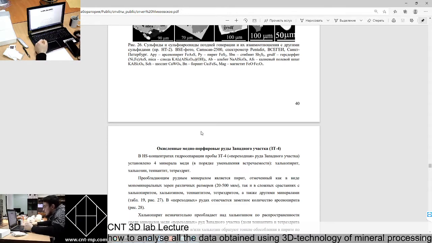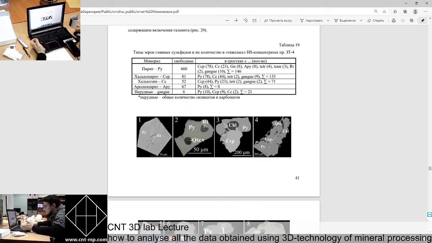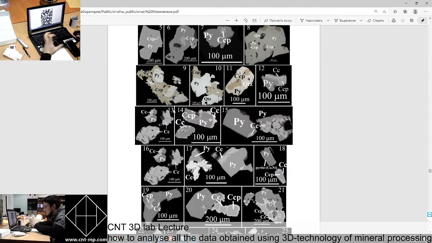A clear picture appears in understanding not only the genesis of these minerals, but also how to receive special products of that.